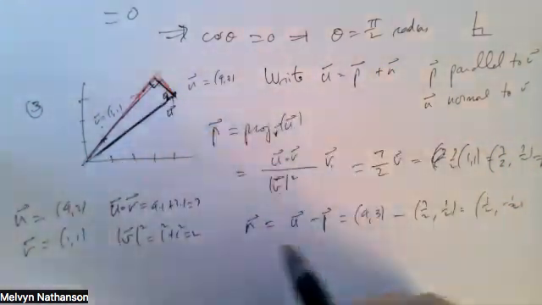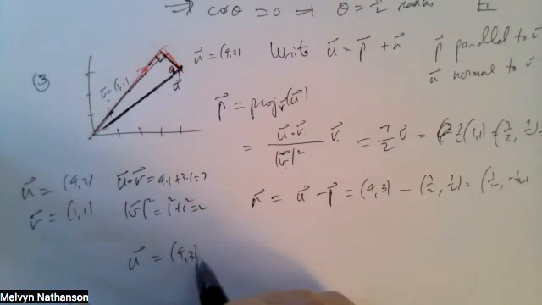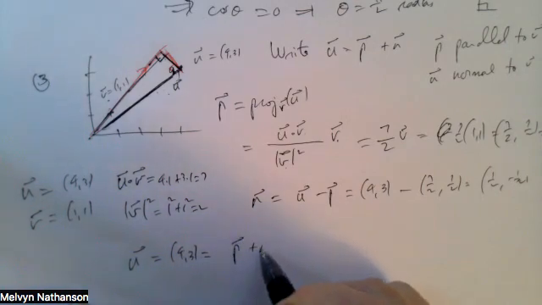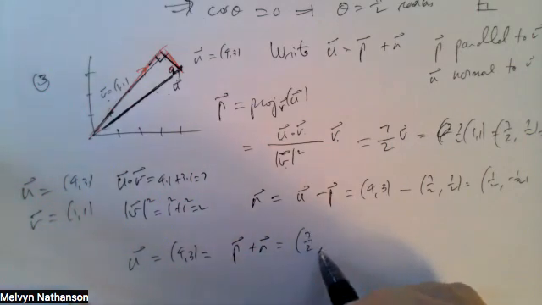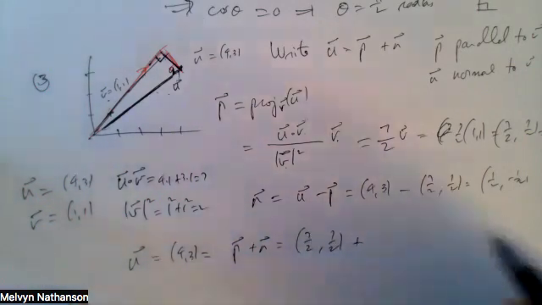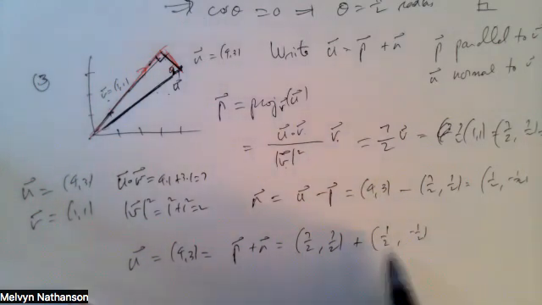So I have my vector U, which is 4, 3, is P plus N. And you can check the arithmetic. P is 7 halves, 7 halves, and N is 1/2, minus 1/2. And these two vectors are perpendicular. So this is the answer.